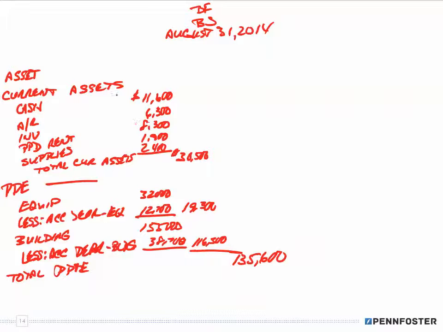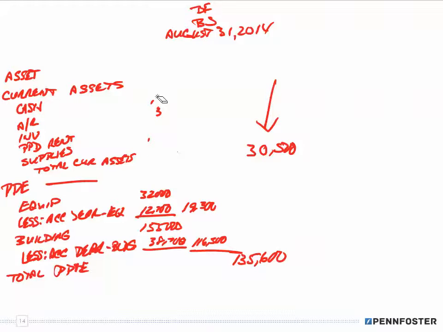And that will now force me to move this information over and this information over so that the 30,500 is in the same column here. All right, so let me erase that and move this information over.